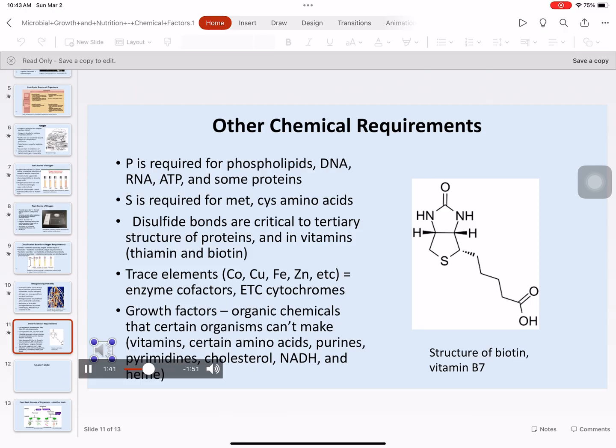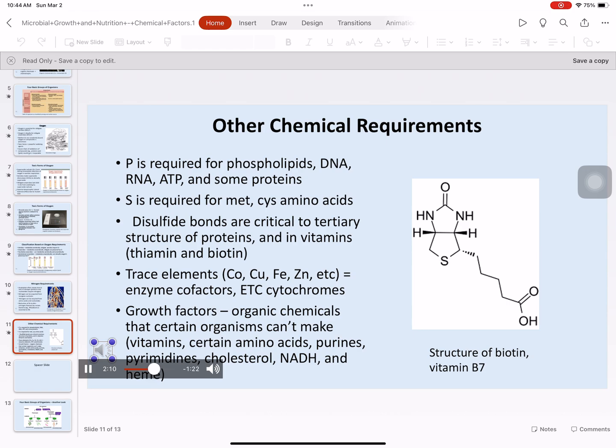Also required are some trace elements such as cobalt, copper, iron, and zinc, among others. These we know can be cofactors for enzymes. They are also components, some of them, for the cytochromes that form electron carriers in the electron transport chain.